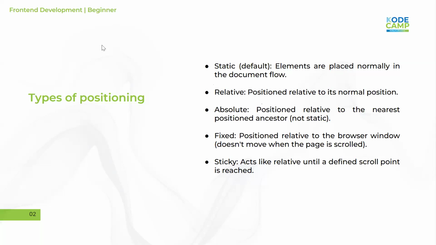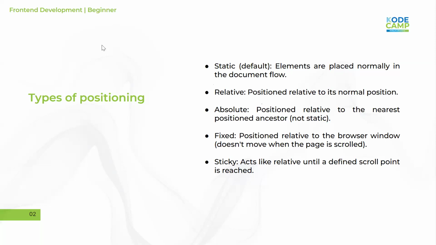We also have something called fixed. Fixed position is relative to the browser. Once you have an element as fixed, even if you are scrolling on your browser, the position of that particular element remains the same. We also have something called sticky. Sticky acts relative to the viewport.